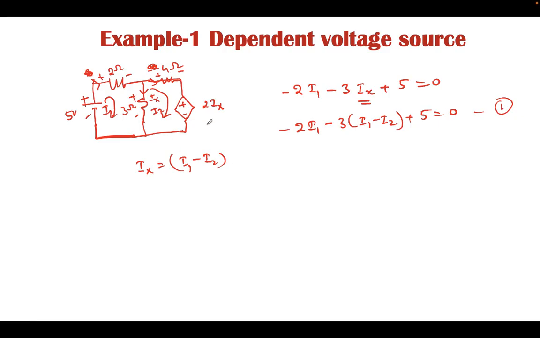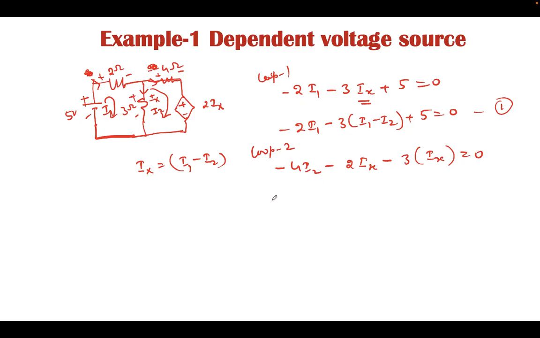Similarly, we can have the second equation for the second loop. This is for loop 1, this is for loop 2. It will be minus 4I2, then minus 2Ix, since we are moving from higher to lower, then plus 3Ix, since we are moving from lower to higher, is equal to 0.